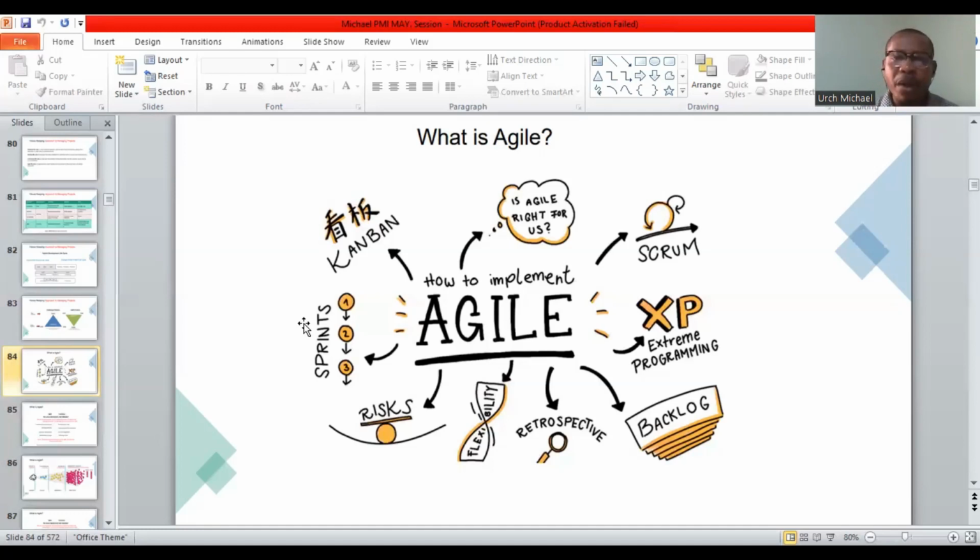All right. So the Kanban is actually a transparency system. It's a system where you want to be transparent with the project's daily operations. The Kanban board shows you the workflow of the project.